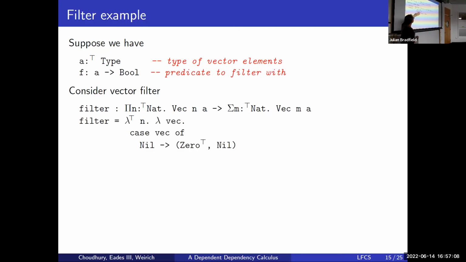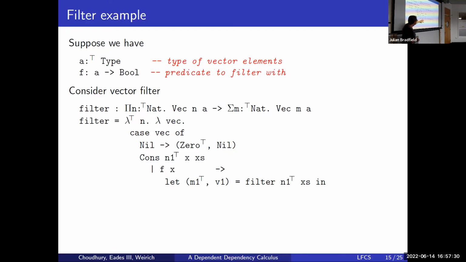So I get in the length and the vector, and I pattern match. If the vector is an empty vector, the new length is 0, and I return nil. If it's a non-empty vector, then I look at F and see whether my predicate is true. If so, this is an element I want to keep in my result.